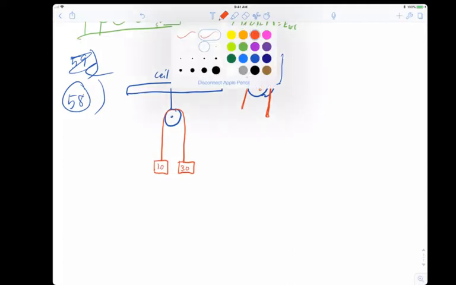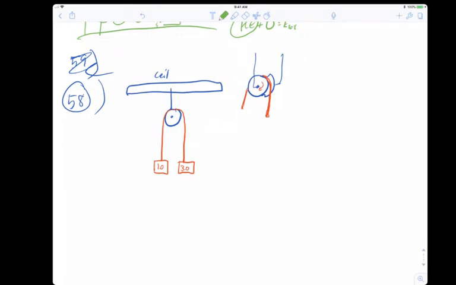And what's going to happen? The 3 kilogram block drops. So we'll go with this height. I'm trying to set this up as carefully as I can because I know that there's going to be some mucking about with this.